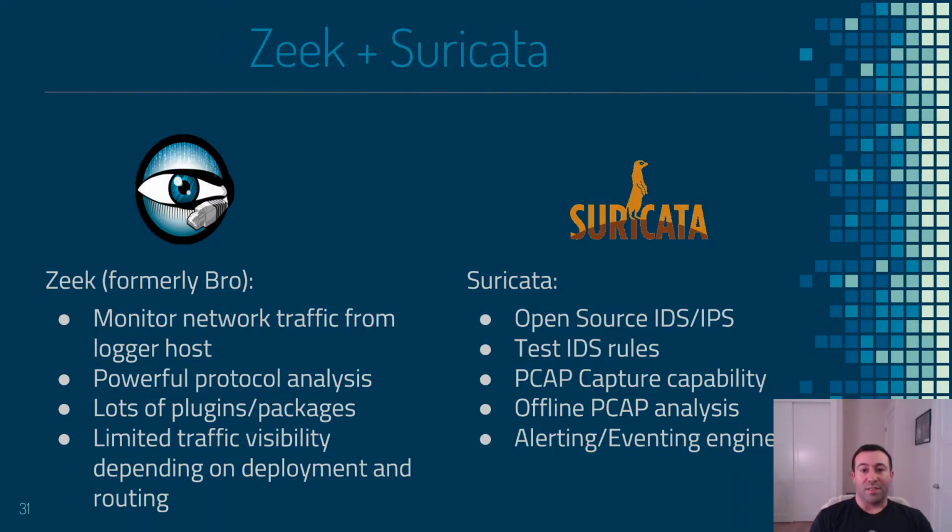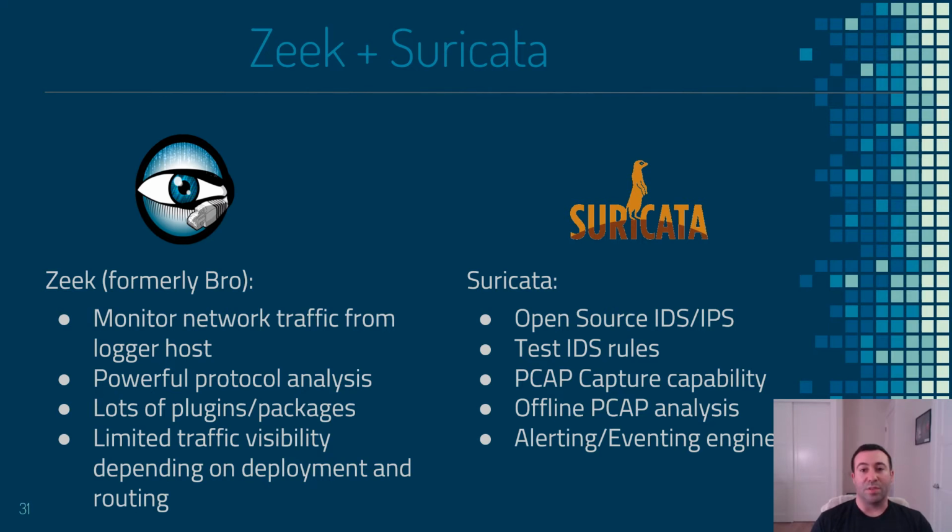On the Ubuntu-based Logger host, Zeek and Suricata are installed to help you monitor network traffic and create or test intrusion detection system rules. Both of these projects are open source and log their data to Splunk. Because these applications monitor network traffic, VirtualBox and VMware will prompt you to ask if you'd like to allow your network traffic to be monitored when you're building DetectionLab.